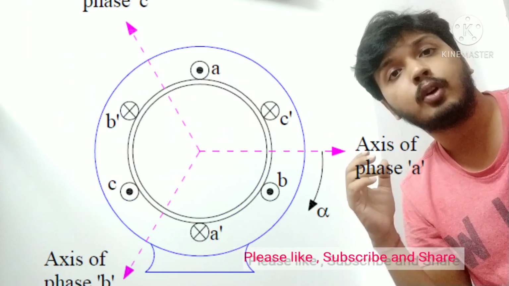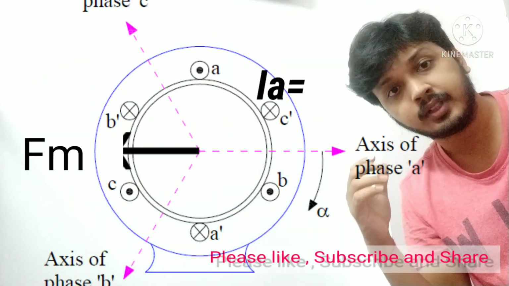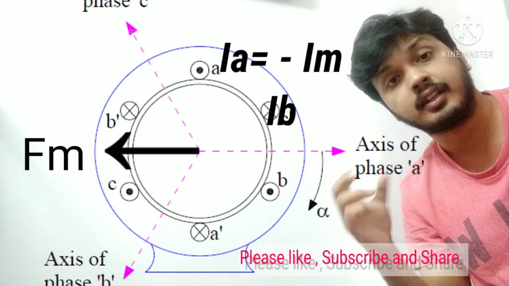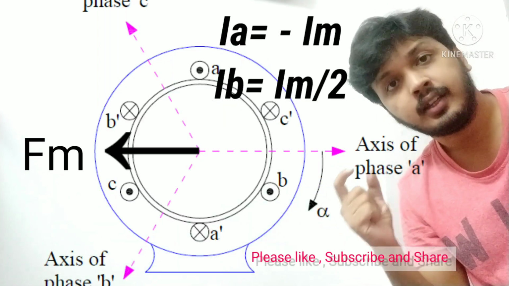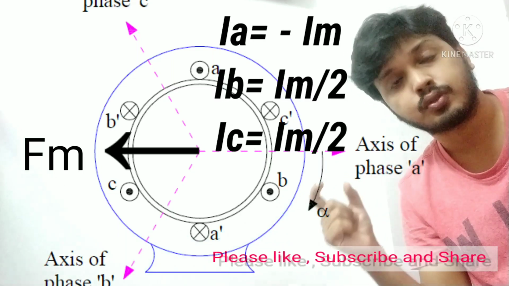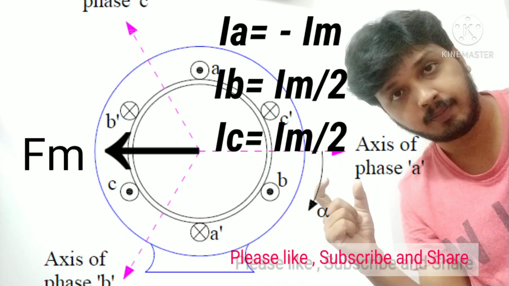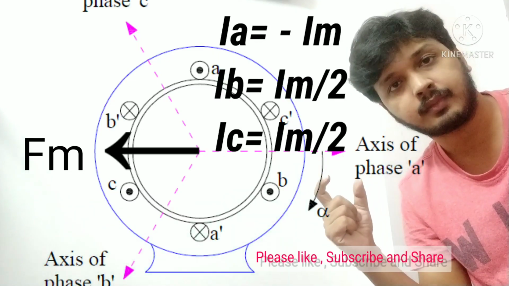So MMF is opposite to A axis. I am saying opposite to A axis because there is a minus sign in IA equal to minus Im. Due to this minus sign, MMF will be opposite to the axis of A. So MMF opposite to axis of A equals Fm, because current along this axis equals minus Im.